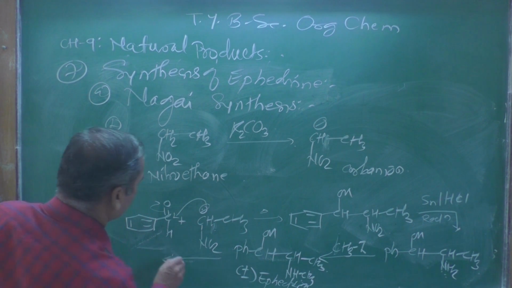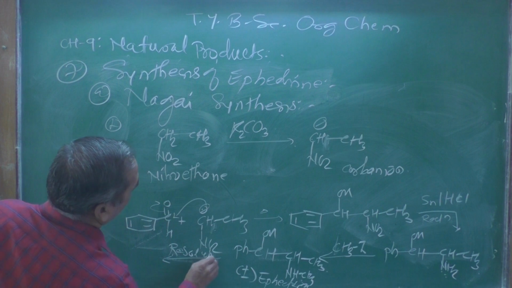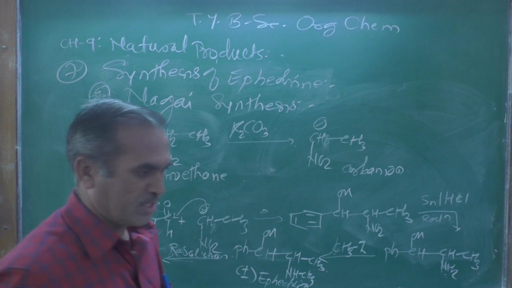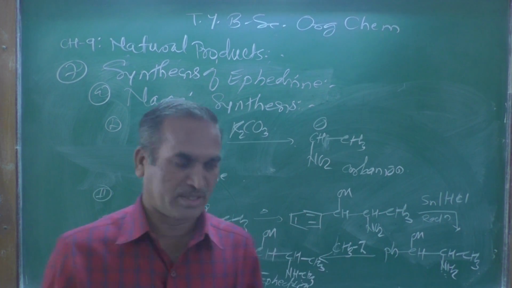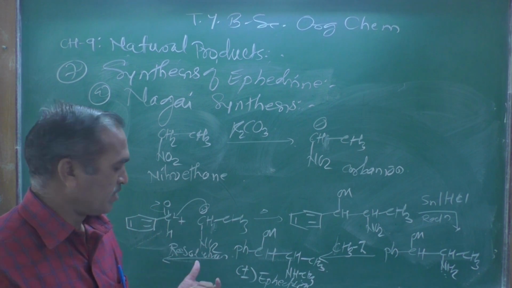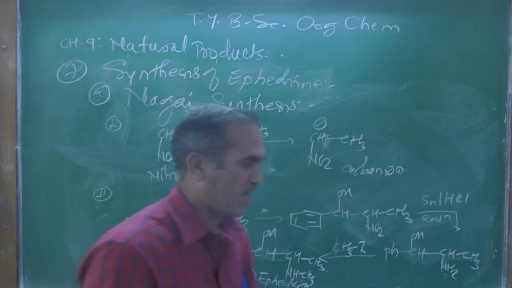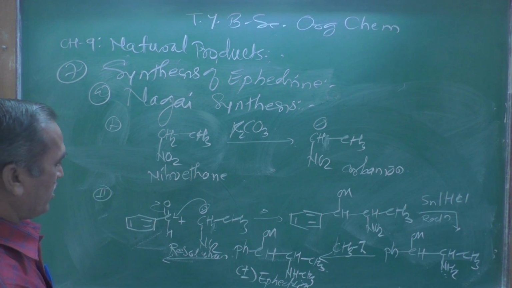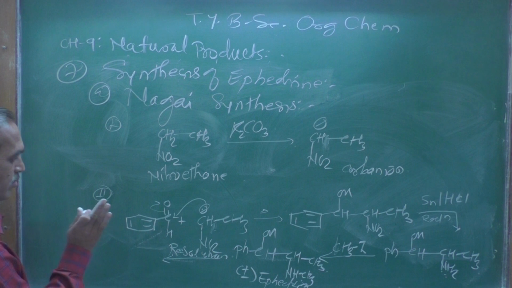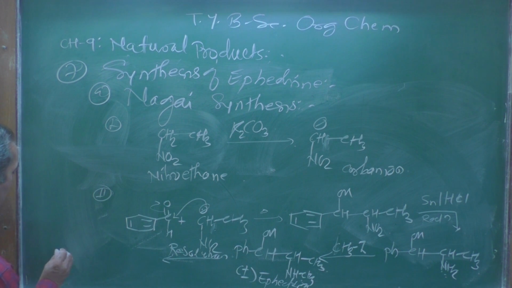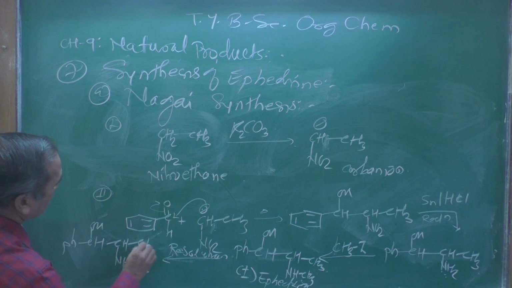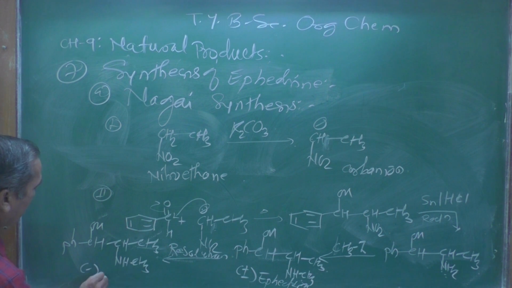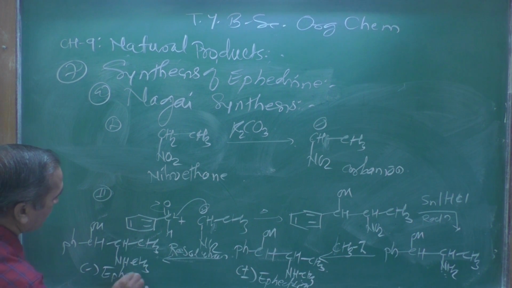Now is the resolution. Why is the resolution necessary here? Because if both the plus and minus ephedrines are present, minus ephedrine has a medicinal property, whereas the plus ephedrine is not useful, and therefore we must resolve it so that you will get ephedrine as Ph, then CH-OH, then CH-NH-CH3, this CH3, which we got as minus ephedrine.